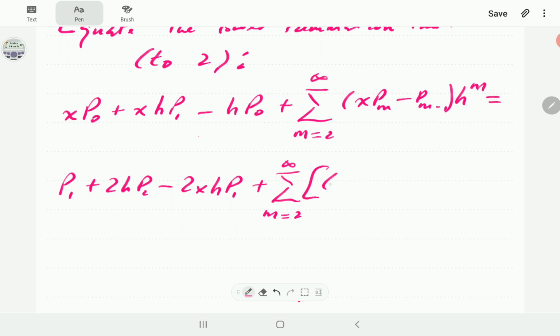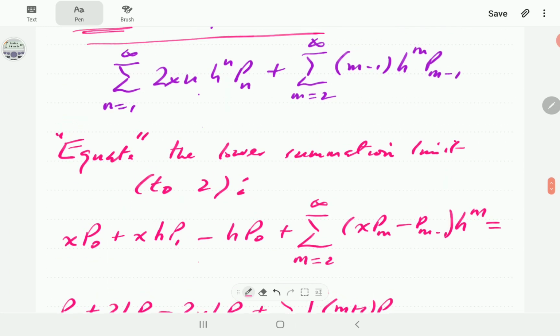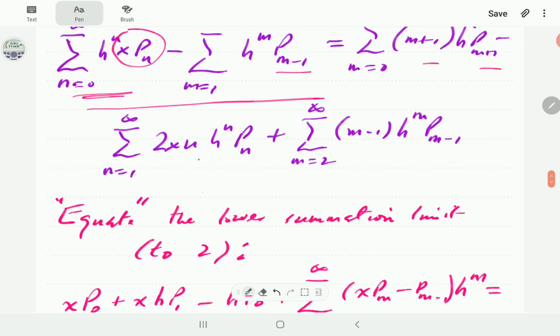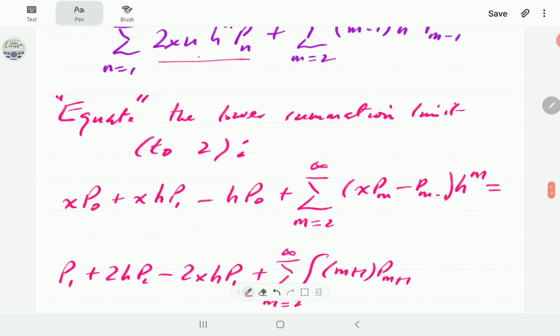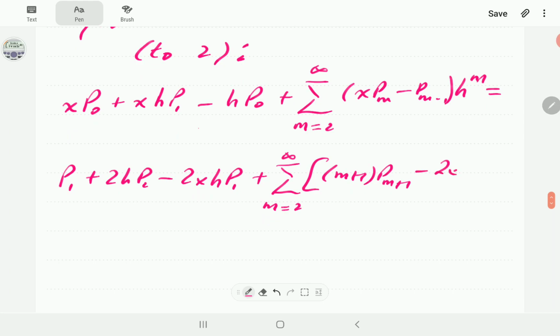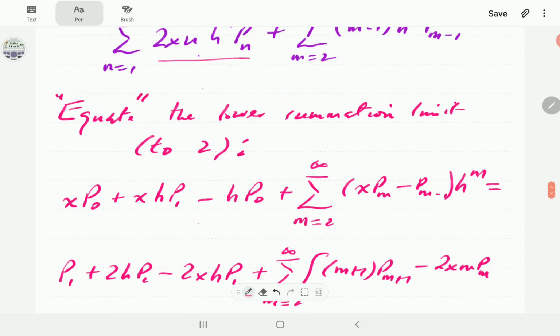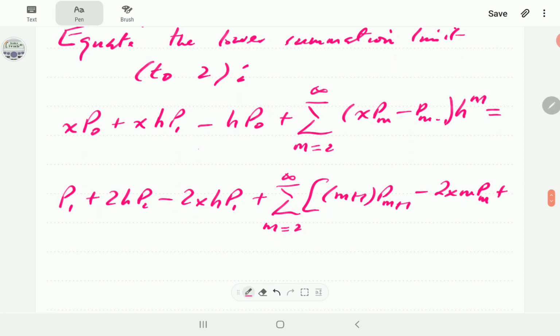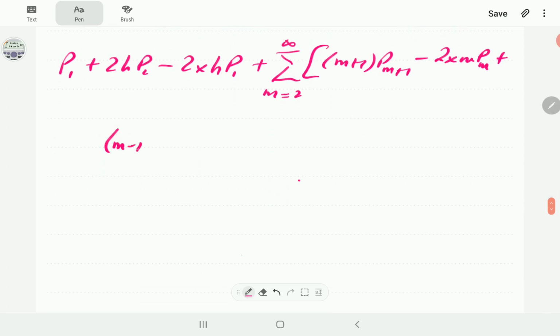They're going to be (m+1) p_{m+1} from this term, and from this term we're going to have minus 2x m p_m, and then from the last term we're going to have plus (m-1) p_{m-1}, then everything is multiplied by h to the power m.